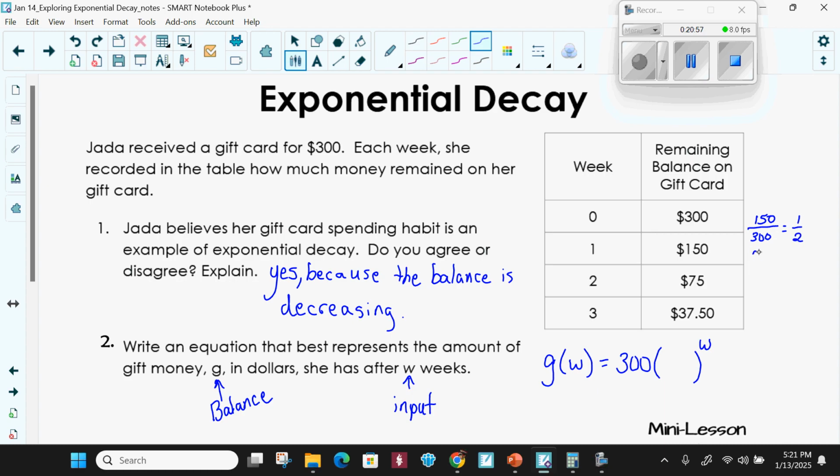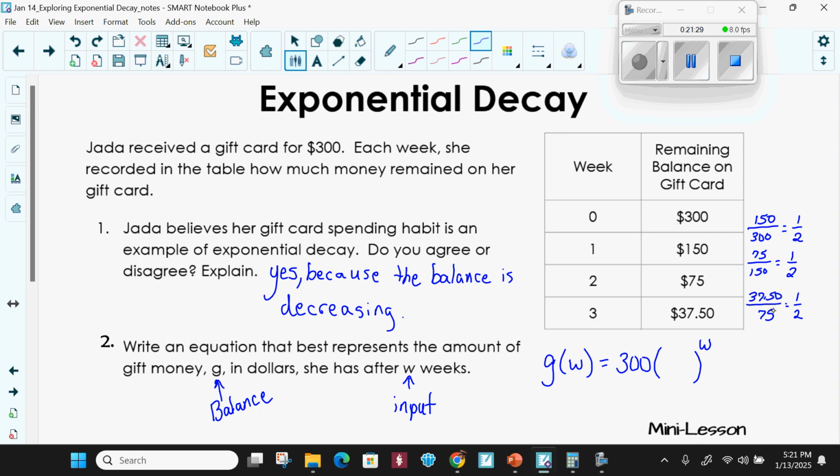If we do 75 divided by 150, the number divided by its previous, again, we get a 1/2. And if we take 37.50 and divide it by 75, we also end up with 1/2.